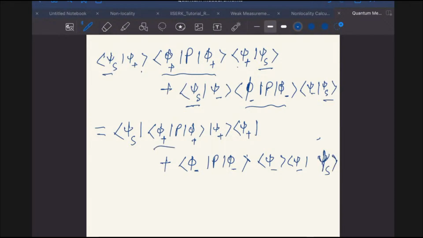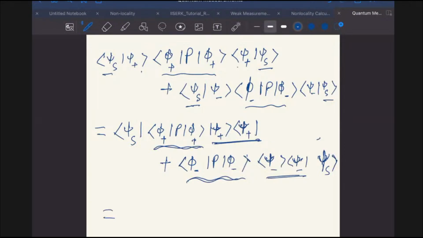See, some number times some projector, some number times some projector. And this projector is psi plus and psi minus. That was my spin eigenstates, psi plus and psi minus, not the position. And this is just a probability, just a number.